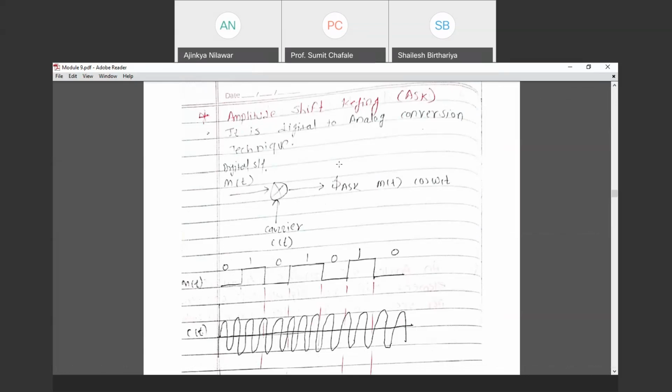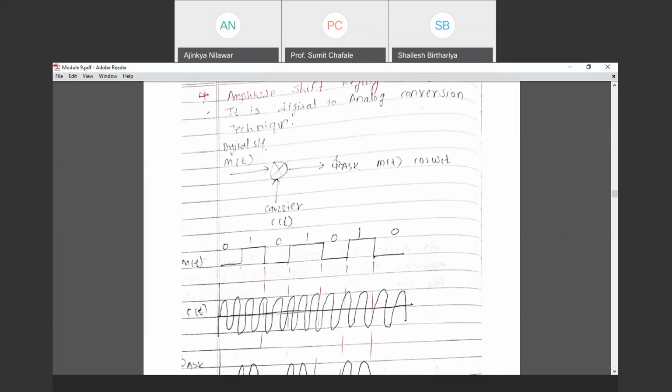In amplitude shift keying, as I already mentioned, in shift keying the digital input is converted into an analog signal. That means digital to analog conversion takes place. In PCM, analog to digital conversion takes place.